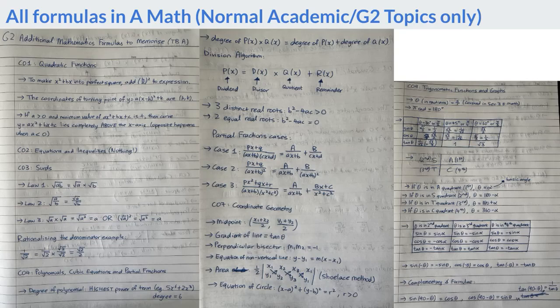Sine is positive in your second quadrant. Tangent positive will be in your third quadrant, and cosine positive will be in the fourth quadrant.